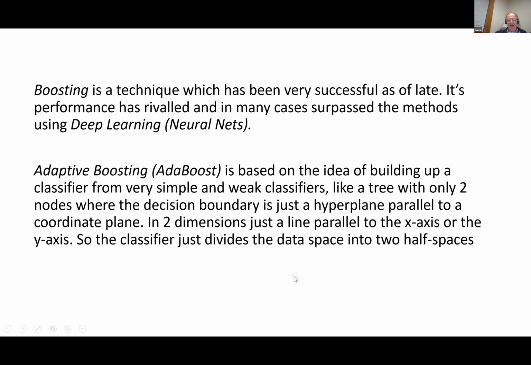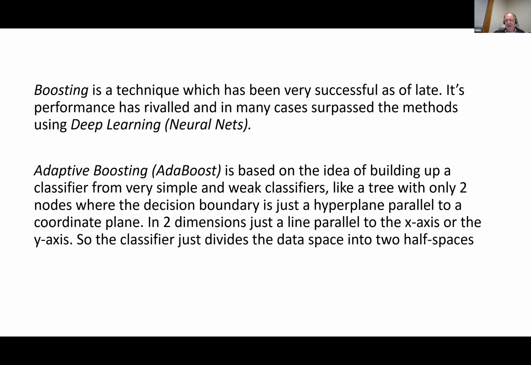In AdaBoost, they're built on trees, but we're looking at the simplest possible tree you can have, namely a tree with just two nodes. So it's just one split. For such a tree, what is the decision boundary?